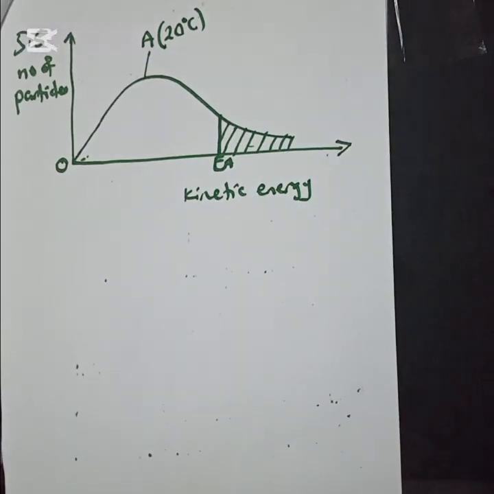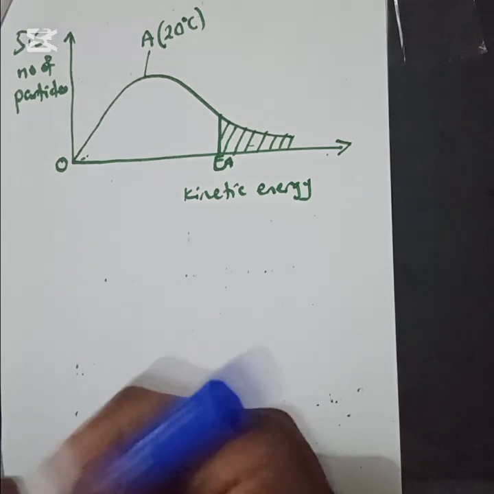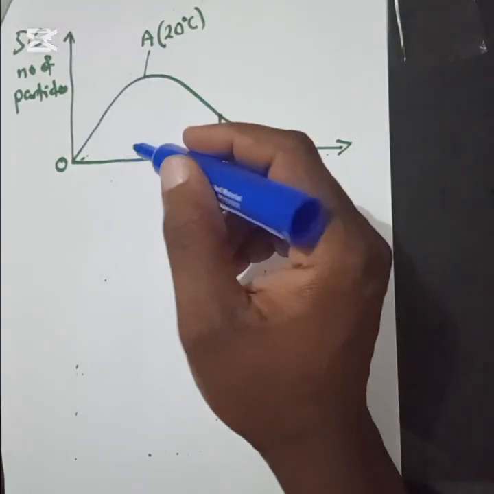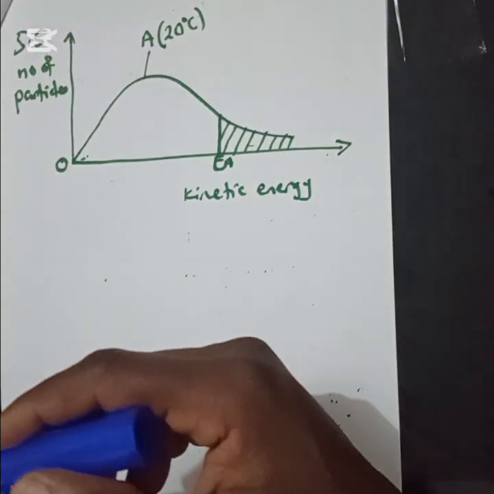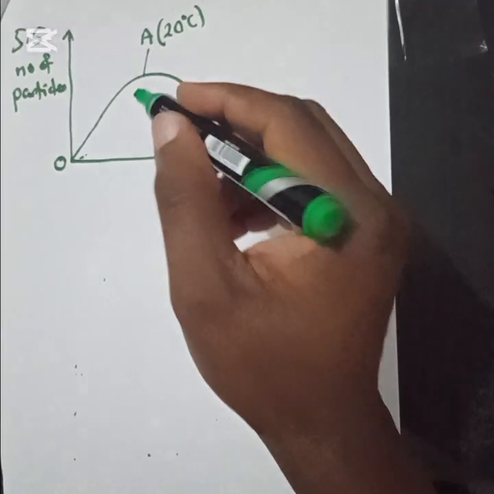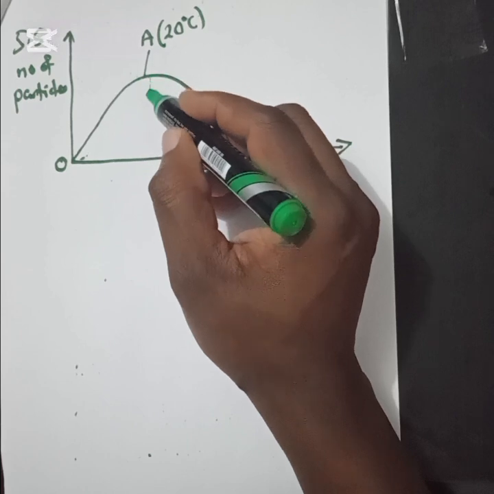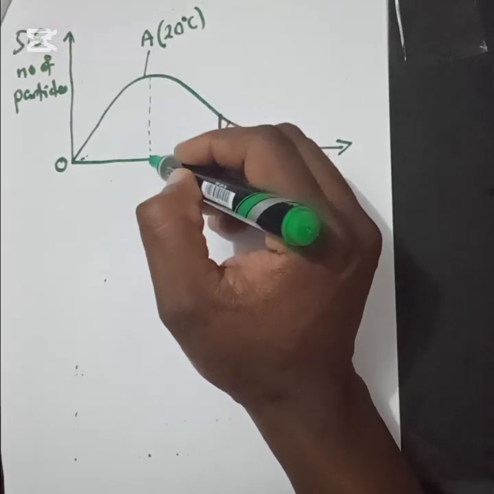Then the second graph is for 35 degrees Celsius. For 35 degrees Celsius, there is going to be an increase in the average kinetic energy. The average kinetic energy from the graph is the kinetic energy that corresponds to the turning point of the graph.